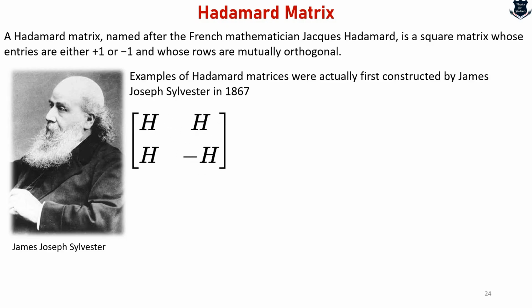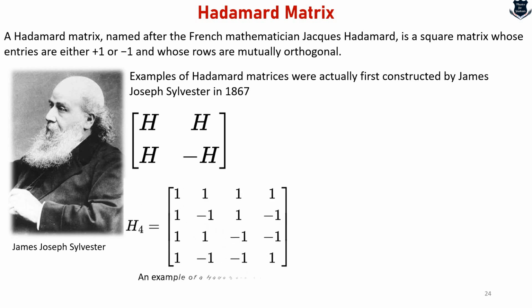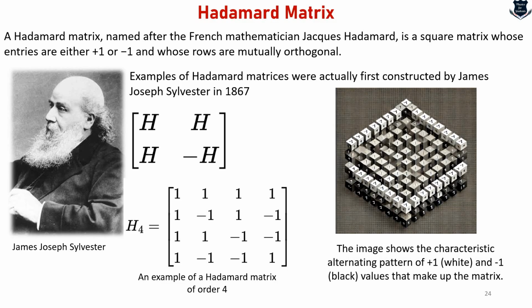If you want to see a Hadamard matrix of order 4, it would look like this: 1, -1, -1, 1. If you close up this illustration, you will see that the image shows a characteristic alternating pattern of +1, which is the white, and -1, which is the black.